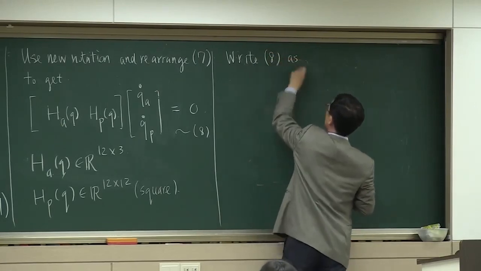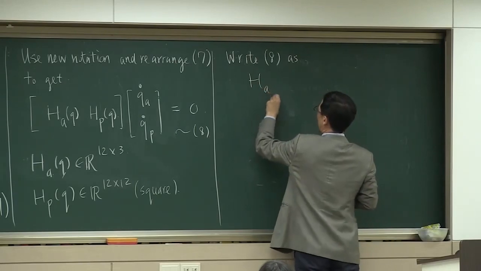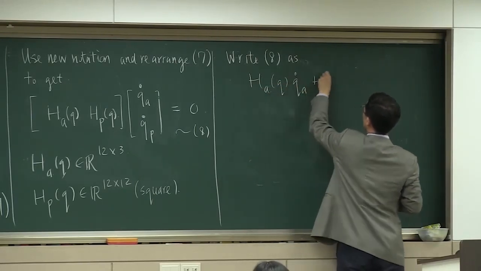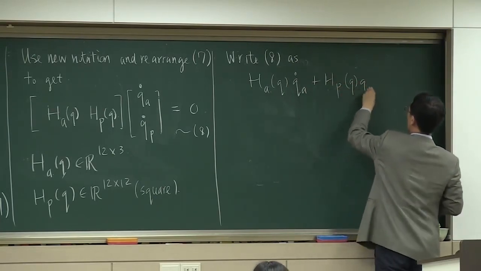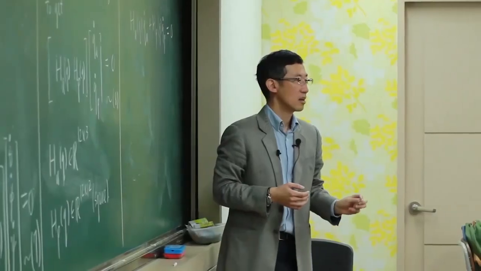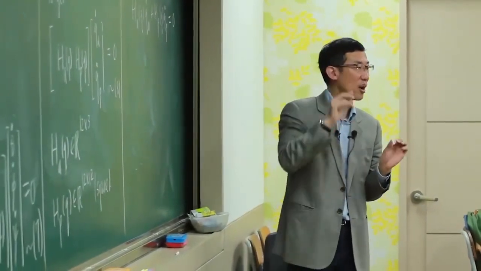Equation 8 can be written as H sub A QA dot plus H sub P QP dot equals 0. Now we make use of the fact that HP is square.